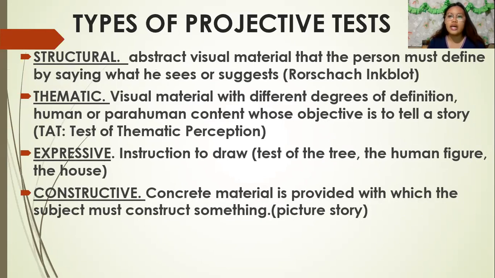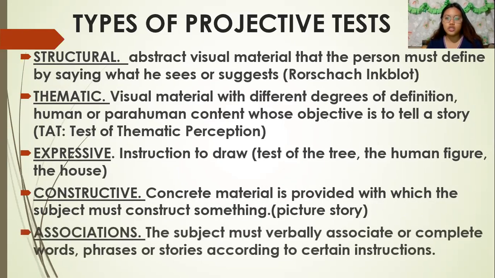For example, the person is given a set of pictures and he will construct or make a picture out of it, or make a story out of it. The last one is associations. The subject must verbally associate words, phrases, or stories according to certain instructions given by the psychologist or the counselor.